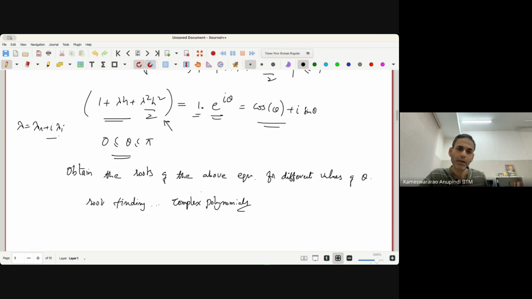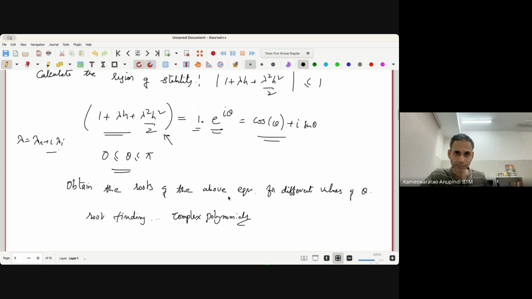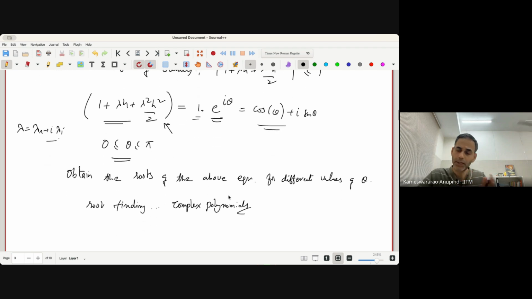Otherwise, what you can do is equate the real part and the imaginary part of this thing to cosine theta and sine theta respectively, and then obtain the value of lambda r h and lambda I h for each and every theta, and then plot all these things. If you were to equate the real and imaginary parts separately, then you're actually solving a system of nonlinear equations, right?